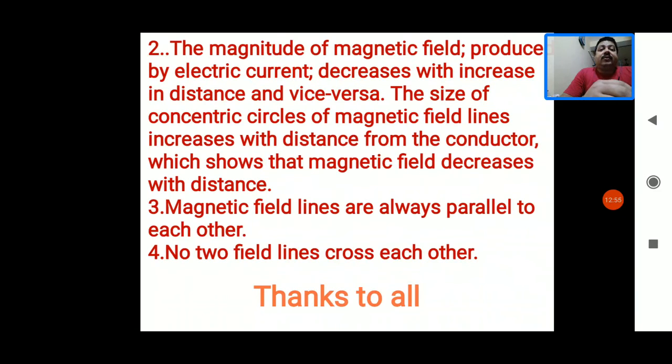The size of the concentric circles of magnetic field lines increases with distance from the conductor, which shows that the magnetic field decreases with distance. Magnetic field lines are always parallel to each other. And the last one, no two field lines cross or intersect each other. We have discussed it in the previous video.